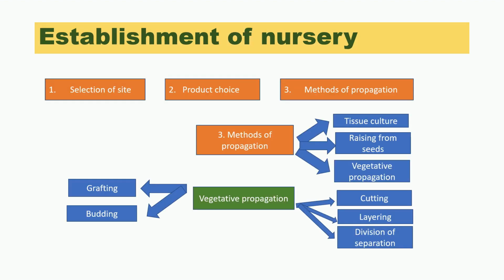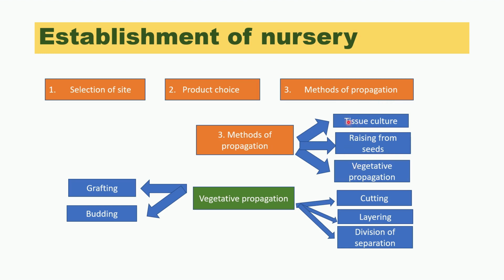Here you can see the establishment of a nursery, how the structure flowchart has been given, and what points are highlighted. The first point is selection of the site, second is product choice, third is methods of propagation, and the physical program, structures and land preparation are also included. In methods of propagation, we have tissue culture, raising from seeds, and vegetative propagation.